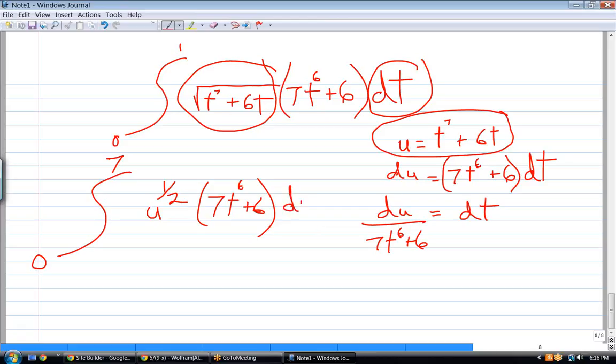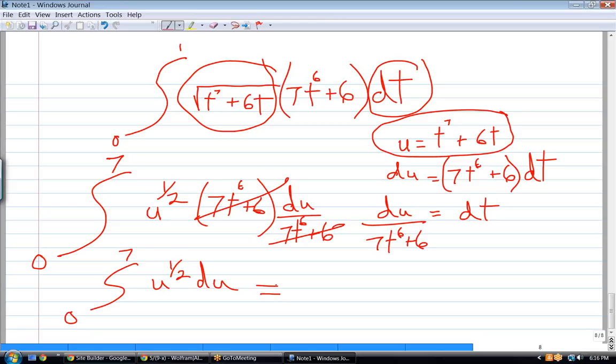Du over 7t to the 6th plus 6. And now I can cancel that out, and now I have a very simple integral from 0 to 7 of u to the 1/2 du. What's that? Hold on, why is it 0 to 7? Well, I've got two choices here. I can notice that it's no longer an integral of t, it's an integral of u.